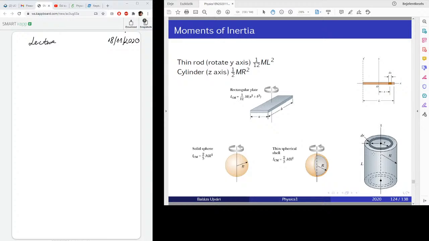So the rotational kinetic energy is 1/2 times the moment of inertia times omega squared, which is 1/2 times 1/2 mR². This is the moment of inertia for a rotating cylinder times omega squared.